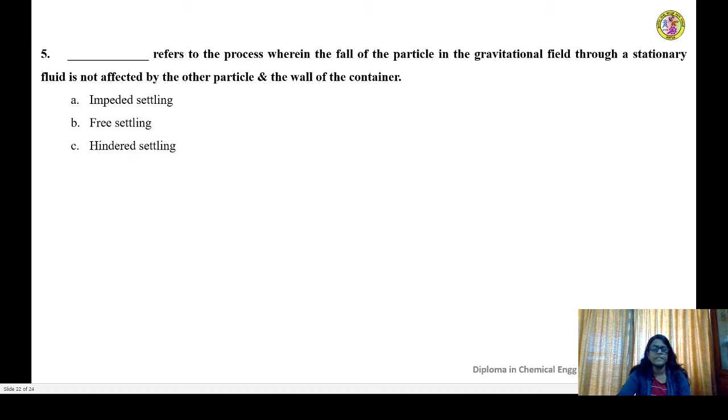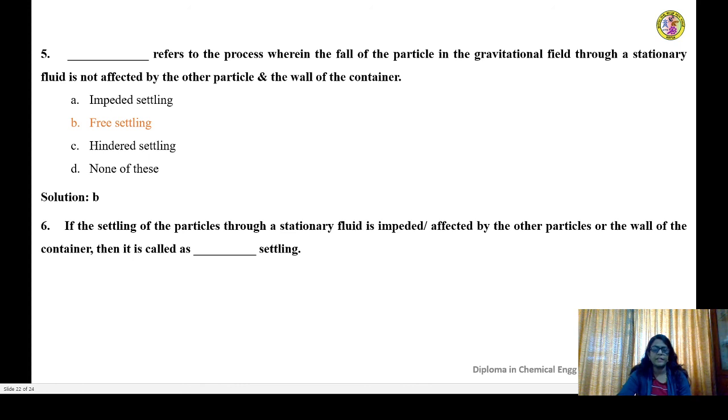Is it called hindered settling? Is it none of these options? So whenever there is no influence of individual particles on the other particles which are settling, and also there is no influence of the wall of the container, then the particles will freely settle to the bottom. So free settling is the right option for this question.